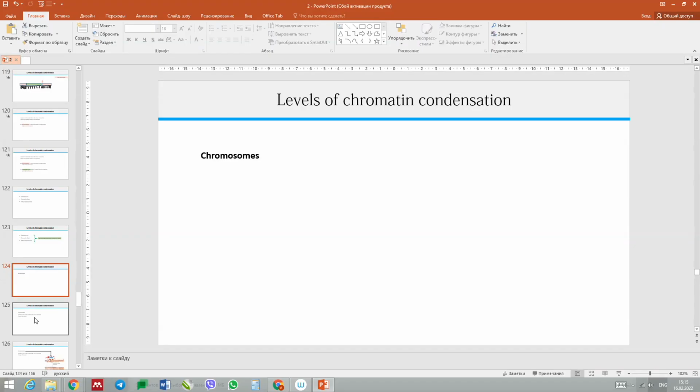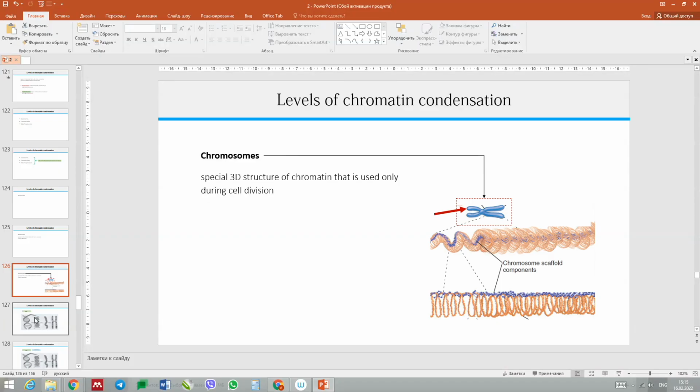And this is in use during cell division. Yeah, and here you can see my words illustrated with the help of text. So this is a special three-dimensional structure that is used in cell division. And due to chromosome, maximal condensation of DNA is achieved.